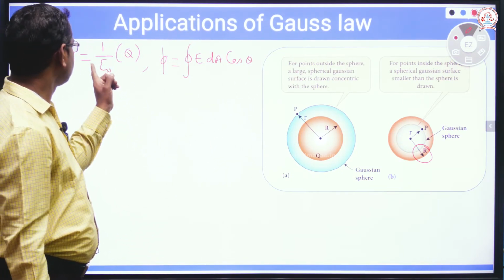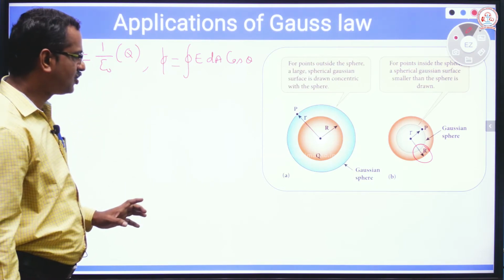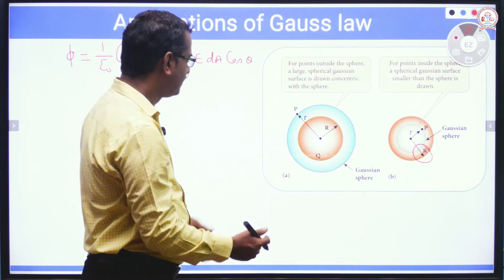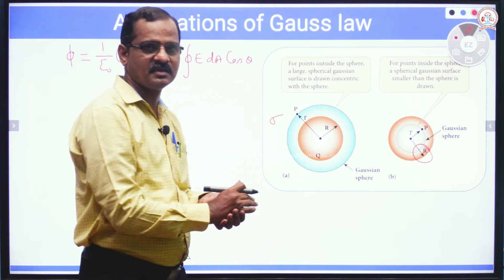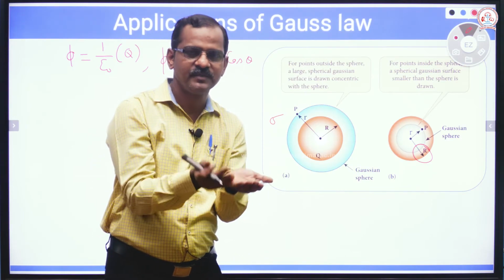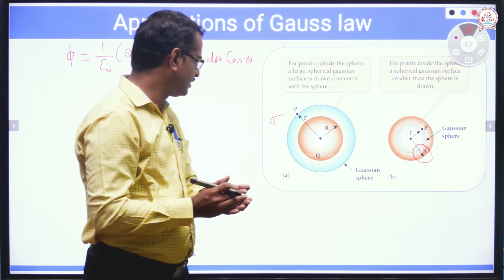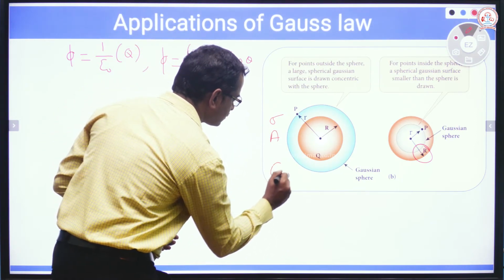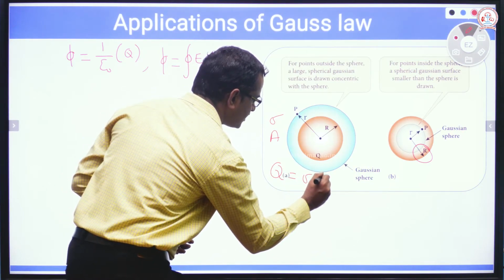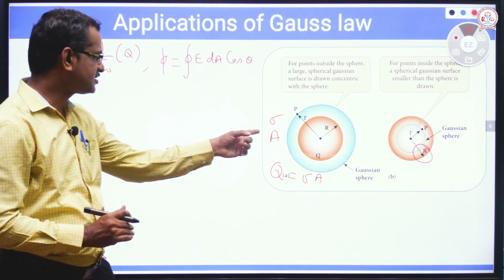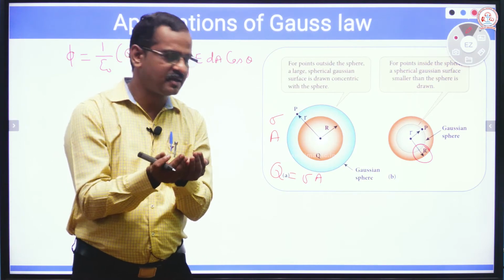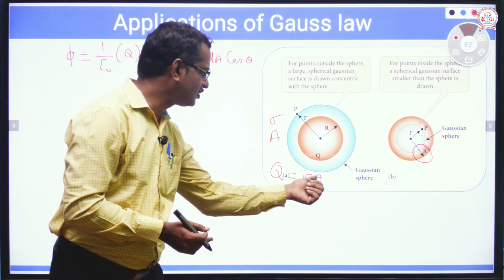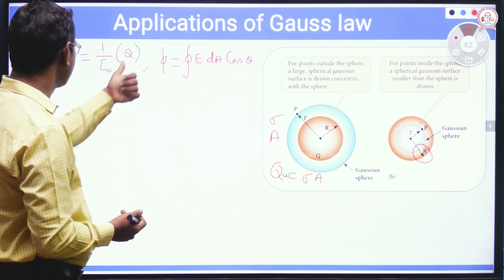Flux phi is equal to 1 by epsilon naught times the total charge enclosed by the surface. It's a sphere. If sigma is charge density, that is charge per unit area, and A is total area, then total charge Q will be equal to sigma into A. That we are going to substitute here.